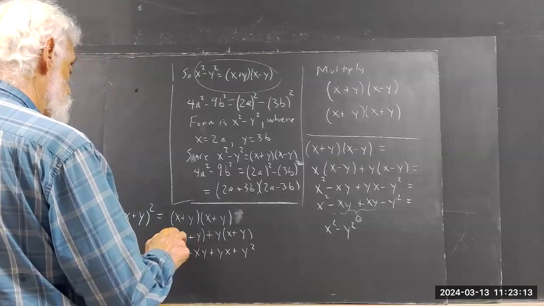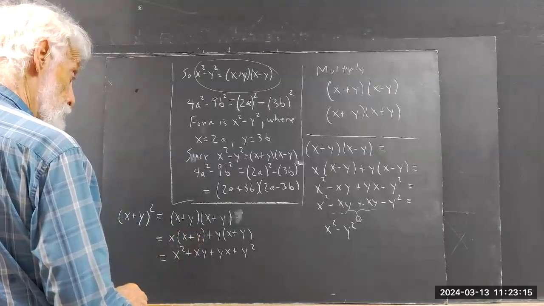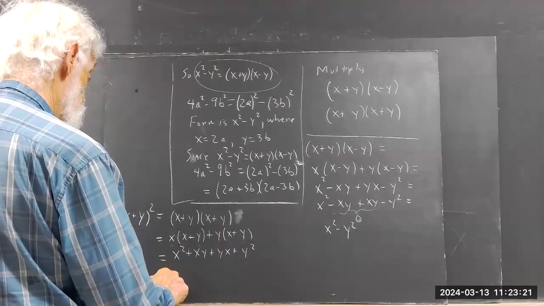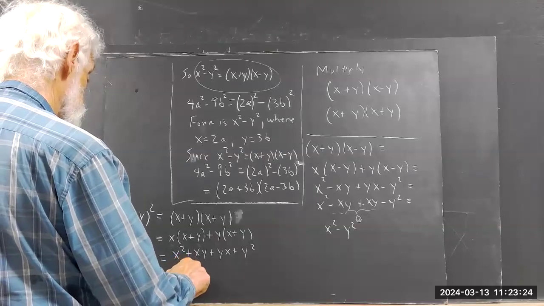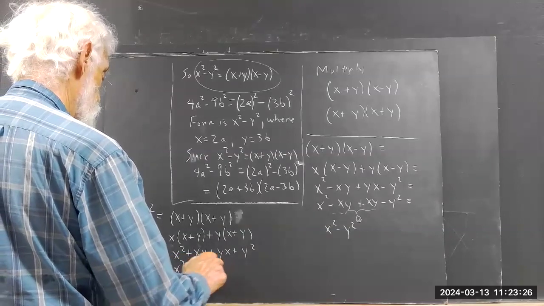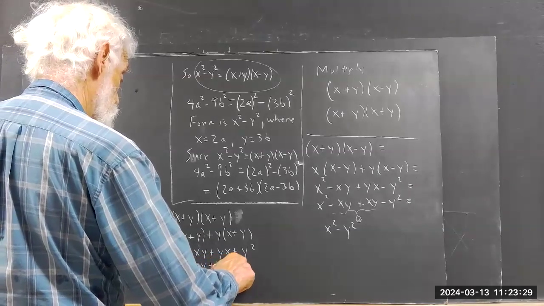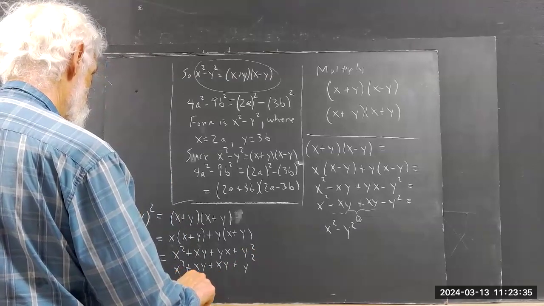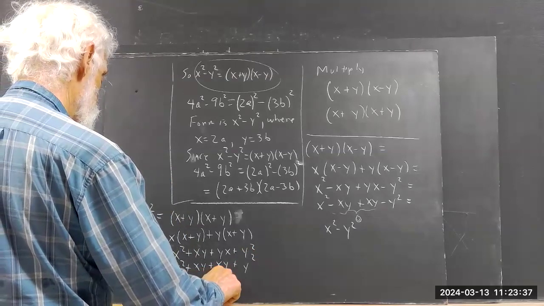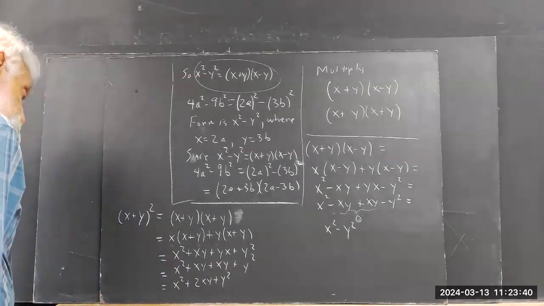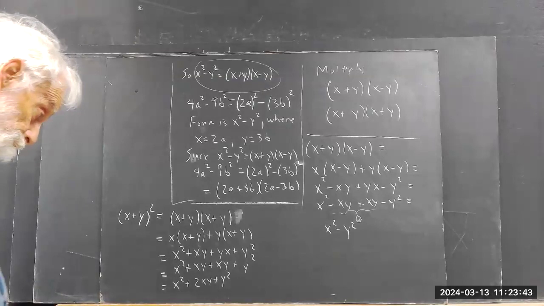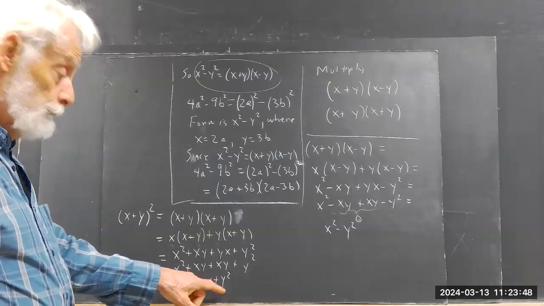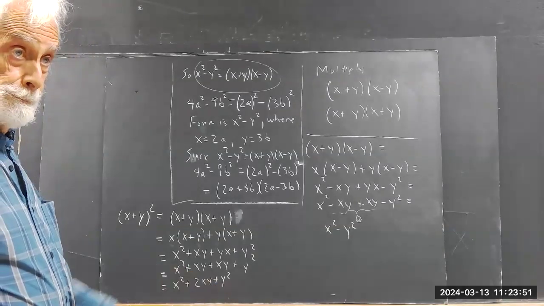And then we distribute multiplication by x through this expression, multiplication by y through this expression, and we get this. Just to make sure we understand that yx is the same as xy, we'll go ahead and write out this step. And we see that when we square x plus y, we don't get x squared plus y squared. We get x squared plus 2xy plus y squared. Okay.